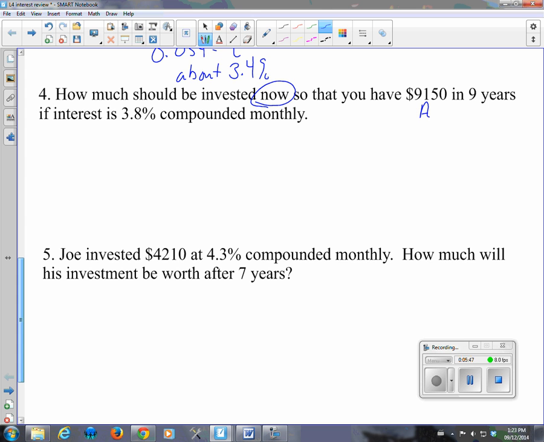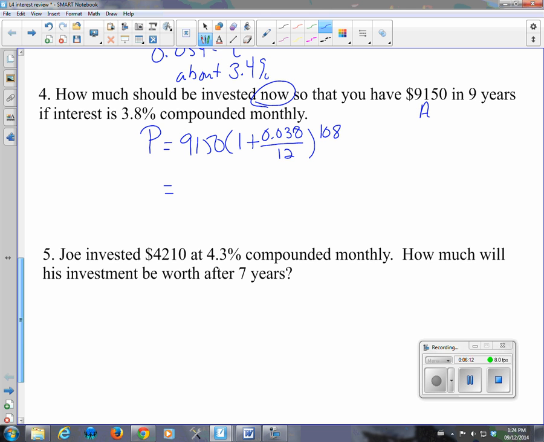So if I want to know how much is invested now, I need to use my present value formula. 9,150, 1 plus 0.038 compounded monthly, so divide by 12. At 9 years, 12 times each year, 9 times 12 gives me an exponent of 108.